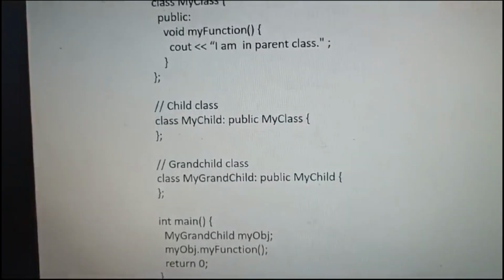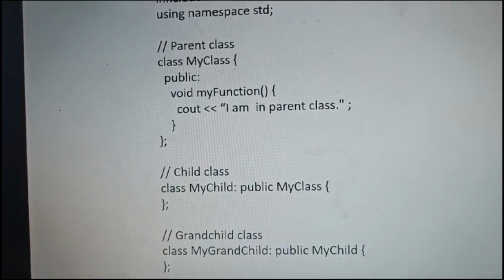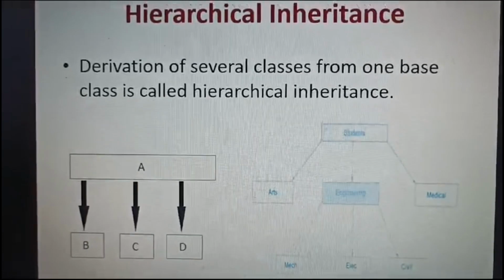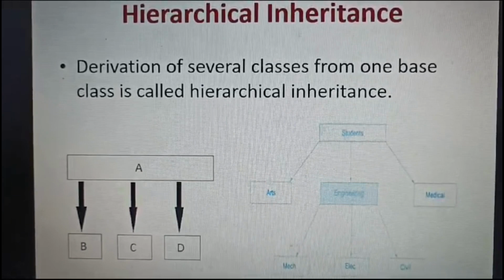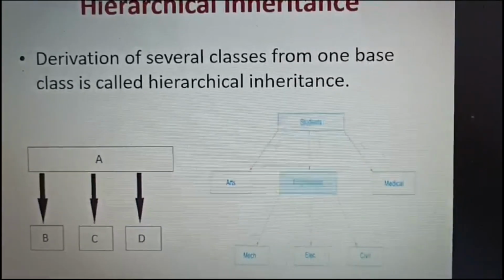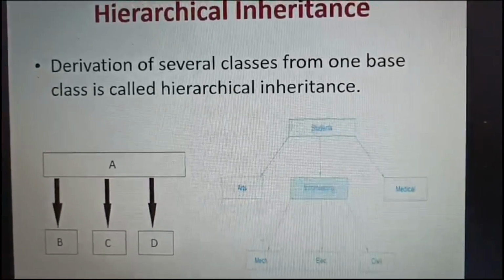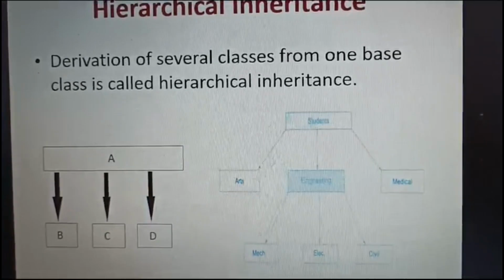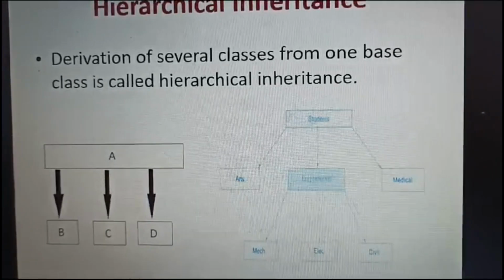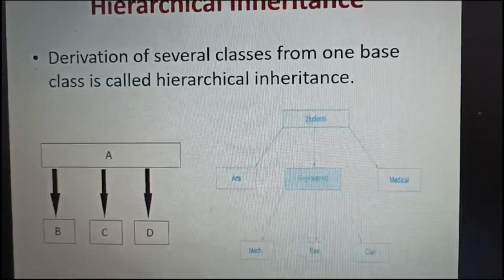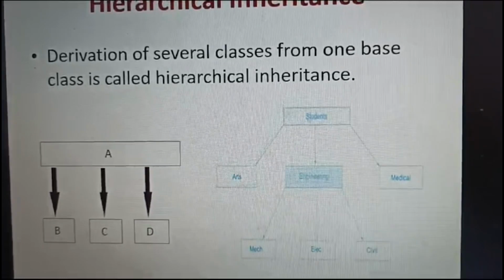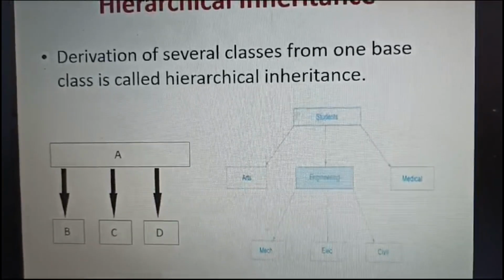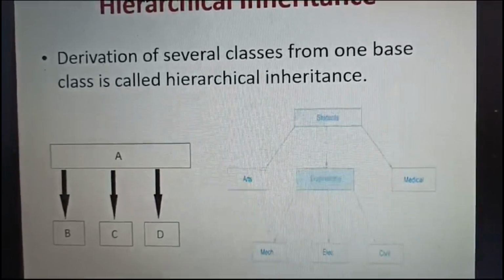So you will get the output: I am in parent class. It can be written like B class, C class and D class. Here is a real-time example: the student class is the base class, and from it various subclasses are derived like arts, engineering and medical. Again from engineering, different branches are derived: mechanical, electrical, civil, etc.